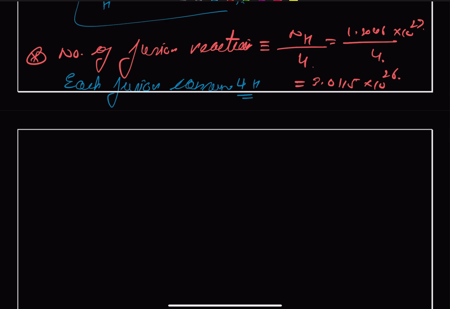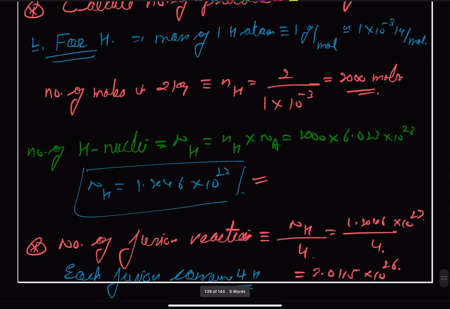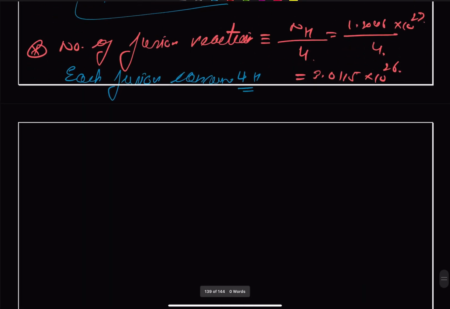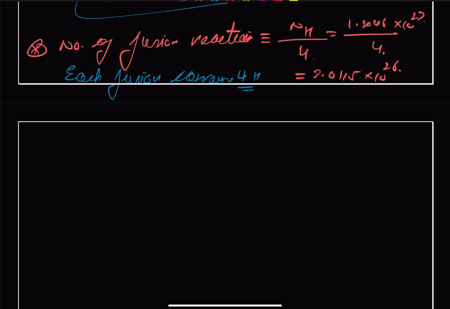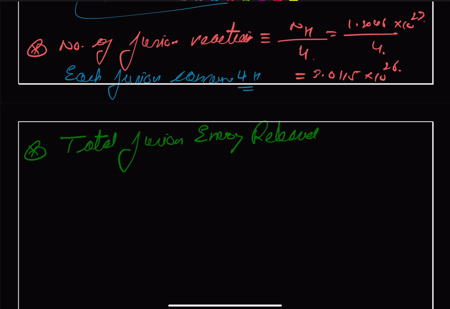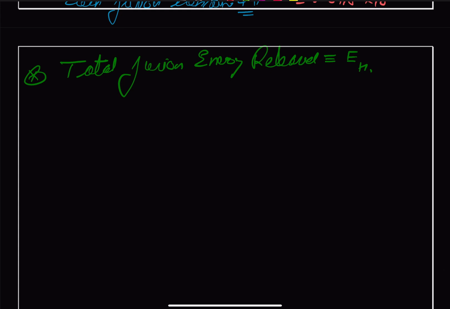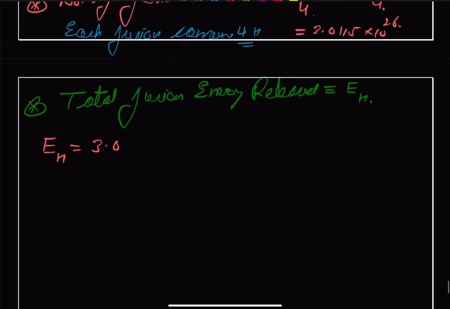Now we can easily find out, because energy per fusion is given to us, that is our 26.7, and number of fusion reactions we know, so we can find out the total fusion energy released, which is given to us as E of H. So our E of H will be equal to reactions 3.0115 into 10 to the power 26.